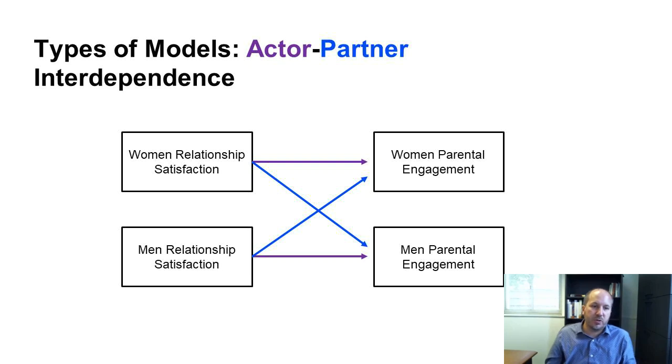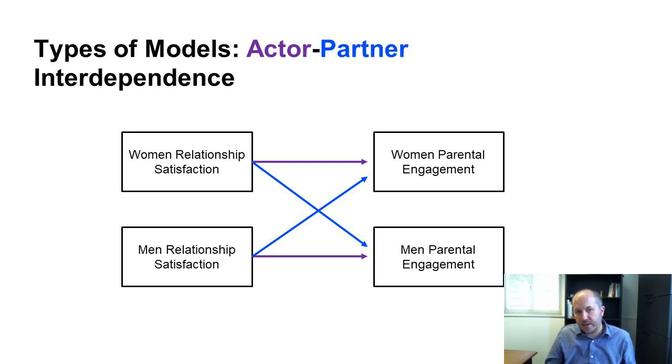Essentially, the model on top is the exact same as the model on the bottom. In this one, the model is how does relationship satisfaction impact parental engagement? The actor part is the person to themselves, and the partner part is the person to their partner.